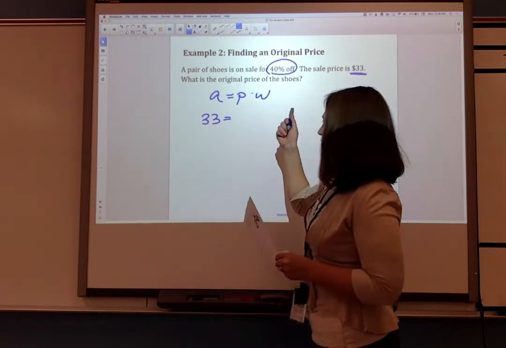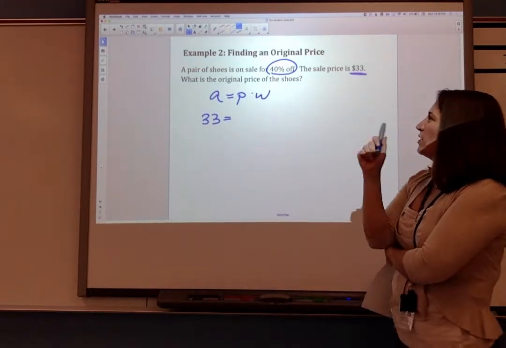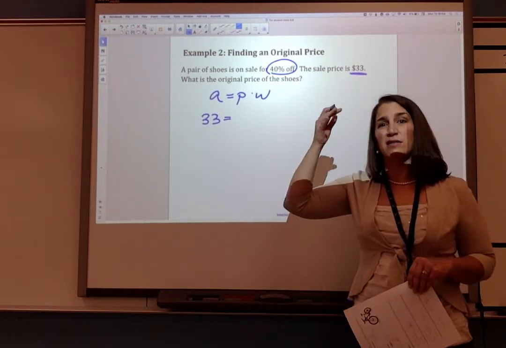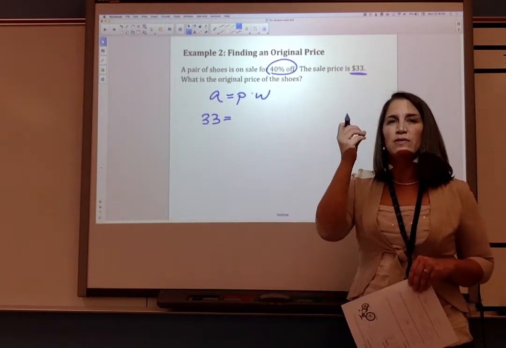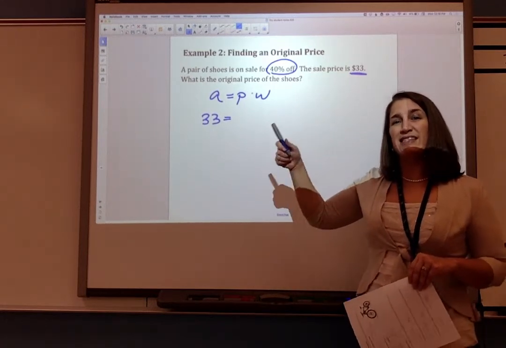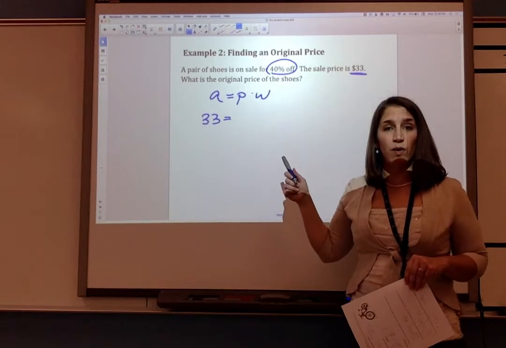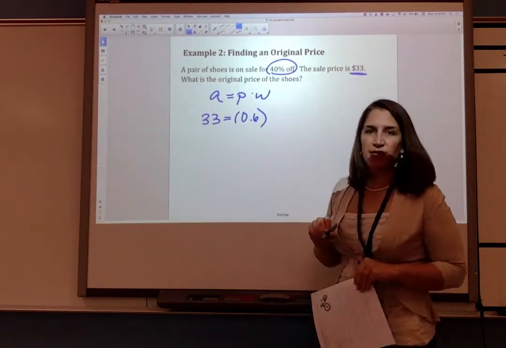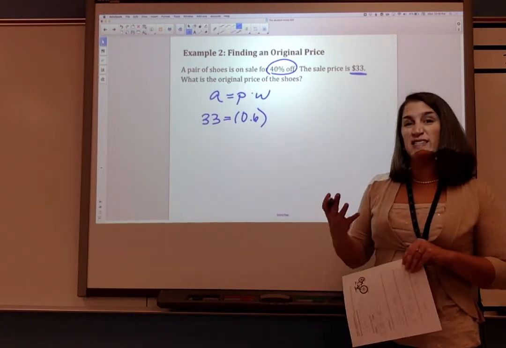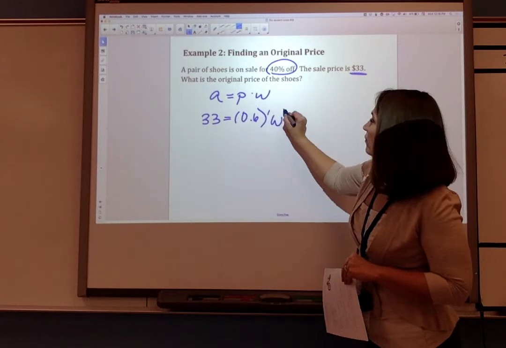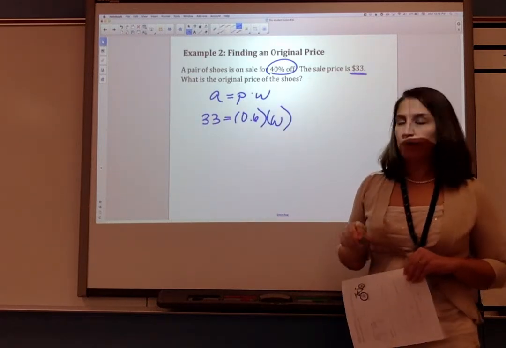And we're going to have to think about this here, because if they're on sale for 40% off, we are paying 60%. So we're kind of doing method 2 here and thinking, $33 is 60% of what number? So we're going to use 0.6 as our percent instead of 0.4, because that's the percent we actually pay, and what we're solving for is the whole.